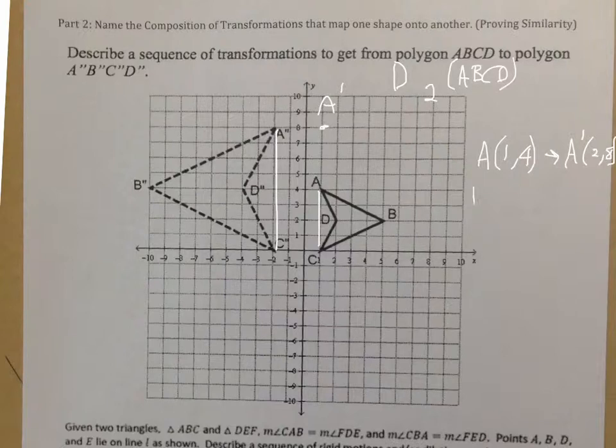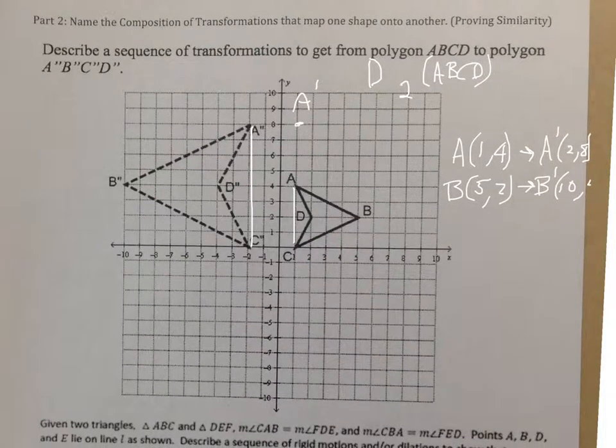Point B begins at 5, 2. When I dilate it by 2, the brand new B becomes 10, 4. So 10, 4 places the new B over here.